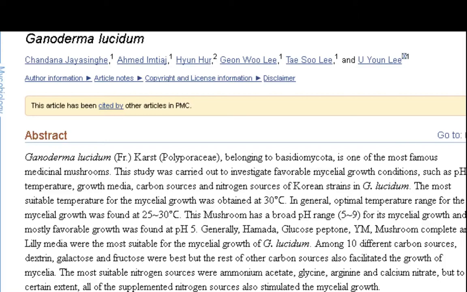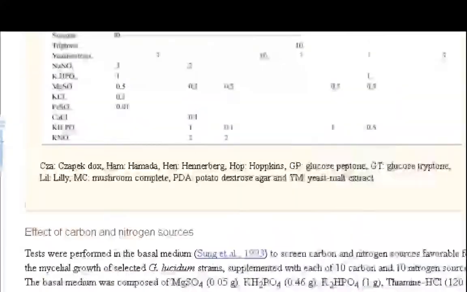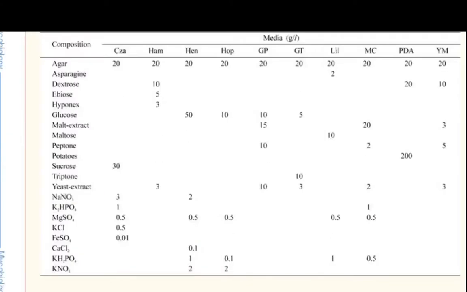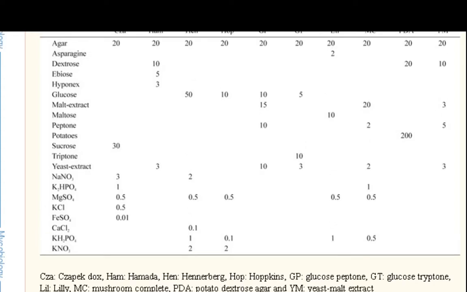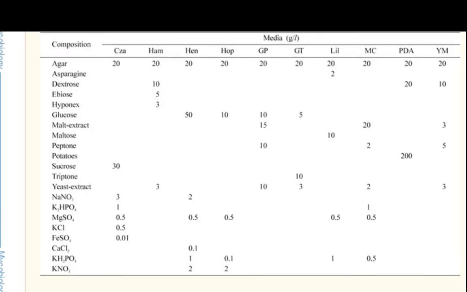Now what we've got here is an abstract from a mycology study that was done in Korea, I guess. So we're going to go down here and we're going to find the different types of media. PDA is your potato dextrose, which is what I'm going to do. They're using peptone.